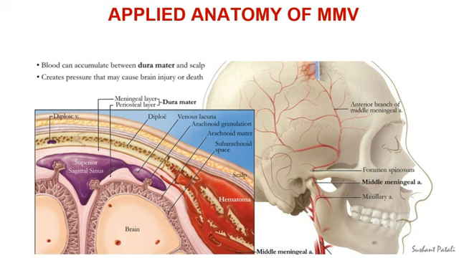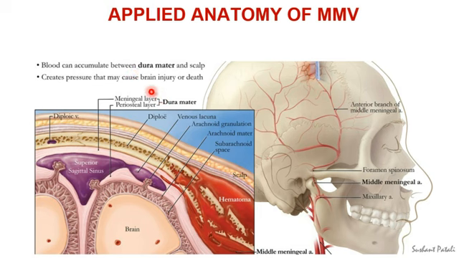Therefore, in fractures involving the parietal bones, these vessels are very likely to be damaged. Since these vessels lie outside the dura mater, their rupture causes accumulation of blood in the extradural space. That is known as an extradural hematoma.